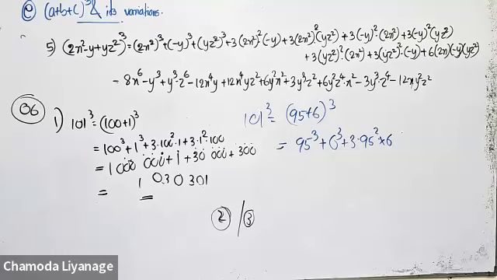Right. Okay. What is the value of the second one? 198 cube. So how do we write it? 198 is 200 minus 2, okay? 200 minus 2, and expand.